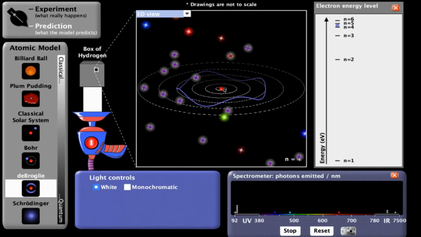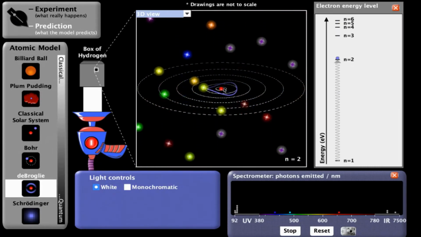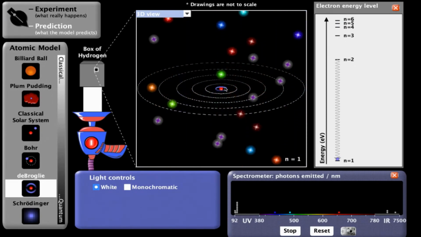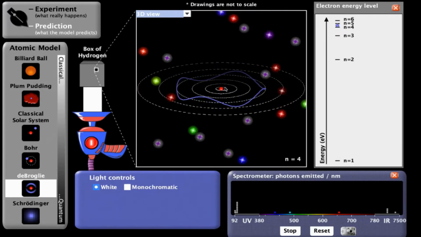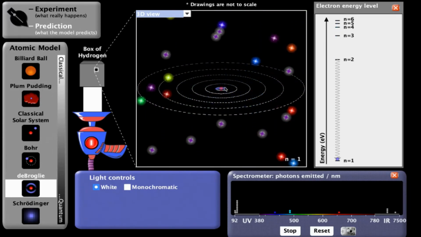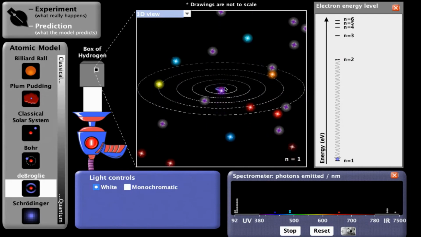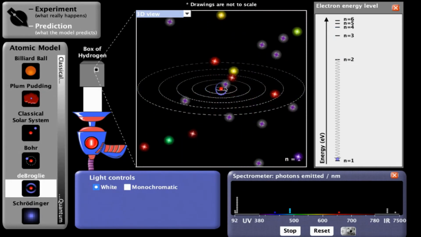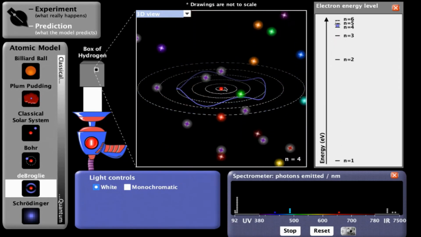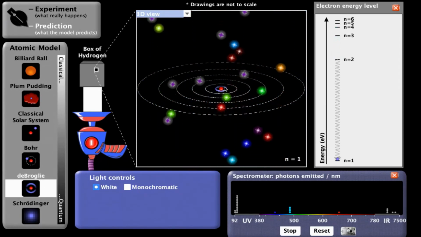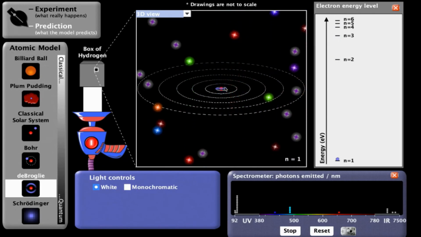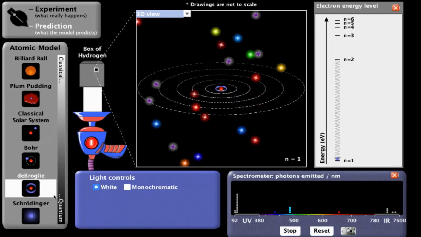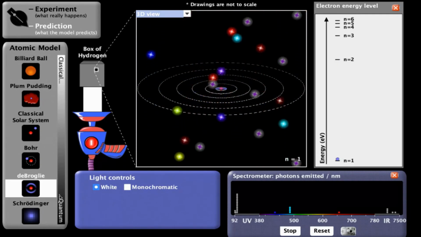So instead of orbiting our nucleus like a planet system, we have these areas of these energies. That's because we've worked out that we can either know the location of the charge, or we can know the size of the charge, but we cannot know both at the same time.